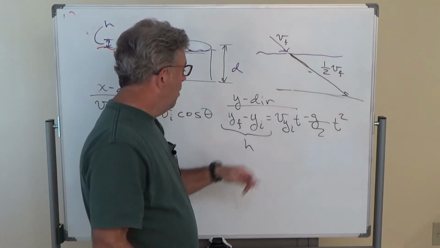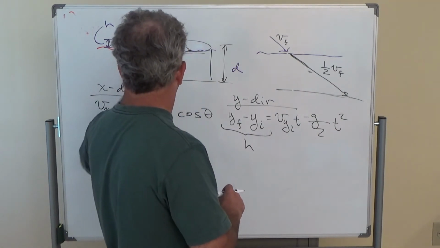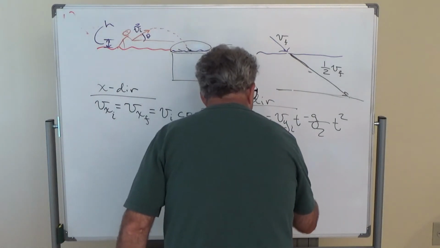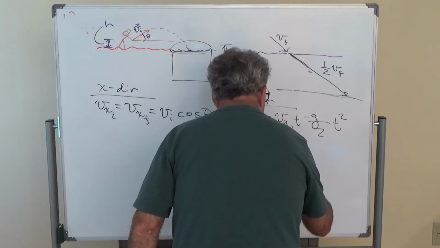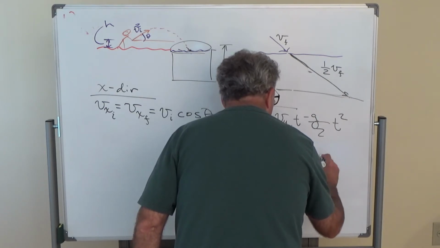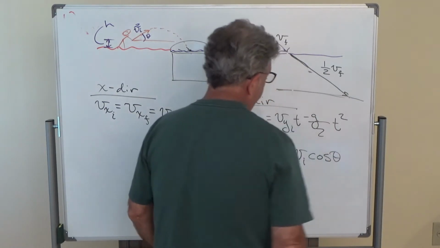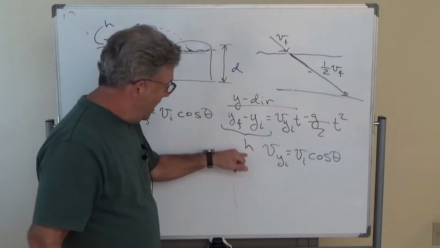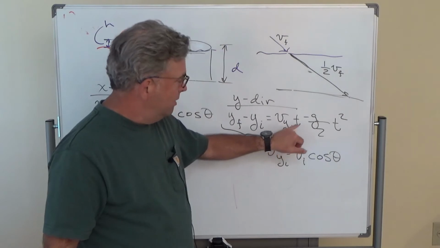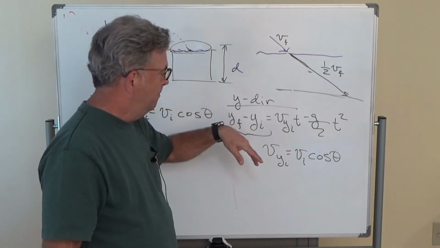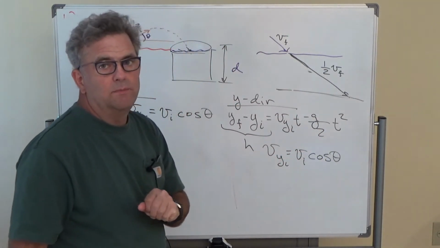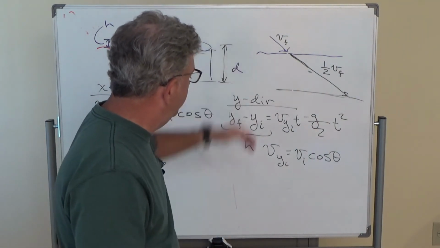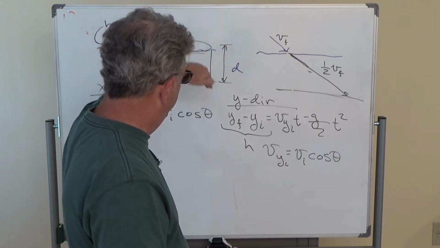Okay. And Vy initial is equal to V initial cosine theta. Okay. So we know H, we know Vy initial, we know G all the time. You can solve for T.